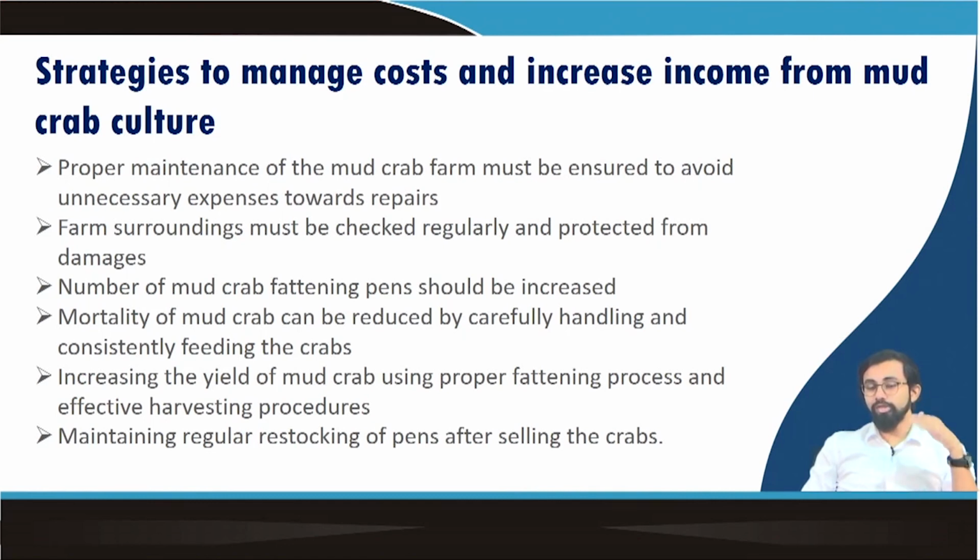If you start staggering the system every week, from the commencement of your farm, after 4 months you will get the first return. After 1 week you will get the second return. The moment you get the first return, you will replace it with juvenile crabs again. So you will keep on getting the benefits year-long.